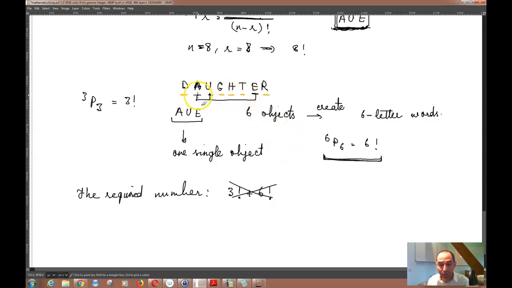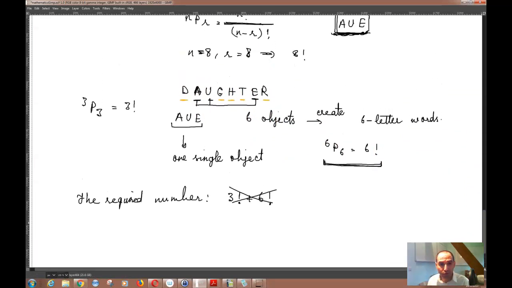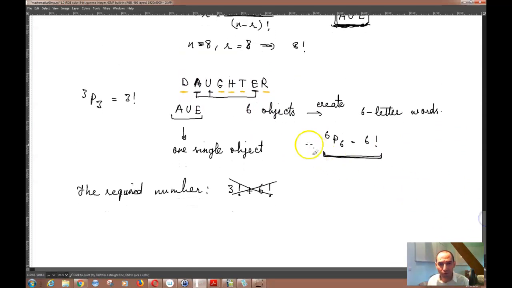So what I'm saying here is that, suppose you have one typical permutation of the word, with these 3 vowels sticking together. Suppose that one example of those permutations is AUE, and then the rest of the letters, for example, DGHTER.